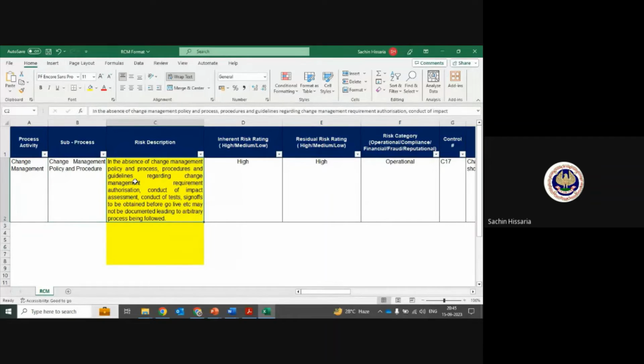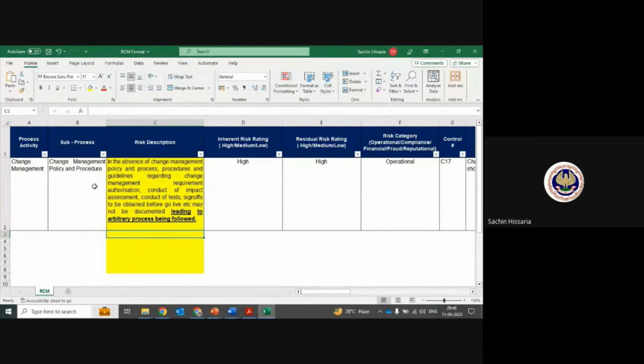Here I am saying that in the absence of a change management policy and procedure, the guidelines regarding change requirement, authorization, conduct of impact assessment, conduct of test and sign-off to be obtained before go-live may not be documented, leading to an arbitrary process being followed. As an auditor, I am saying that if the organization doesn't have a policy and procedure document, it leads to an arbitrary process being followed. It is like an ambiguity over the process to be followed. So this is a risk for an organization.